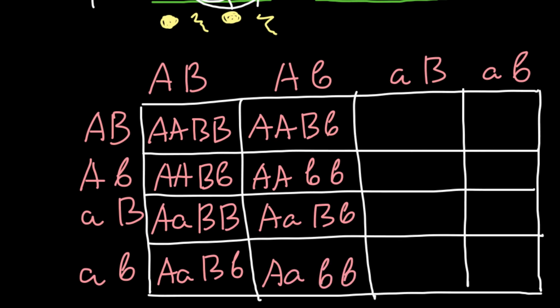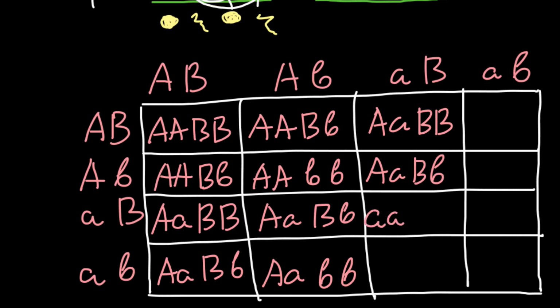Then capital A, small a, capital B, capital B, capital A, small a, capital B, small b, small a, capital B, small a, capital B, small b.